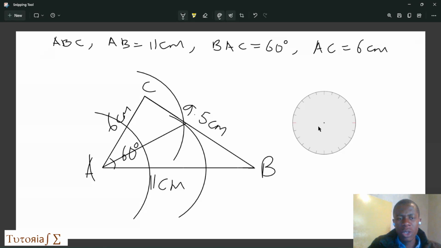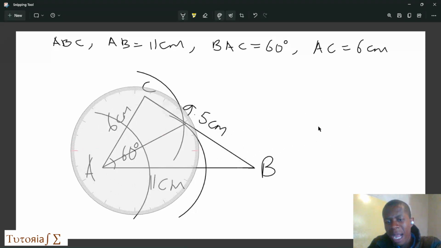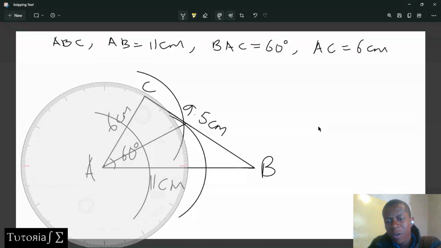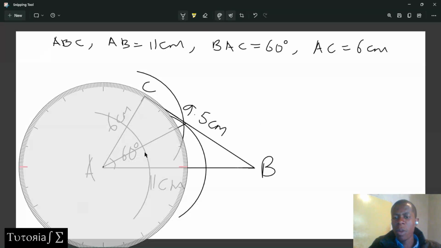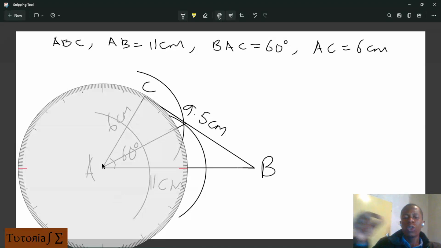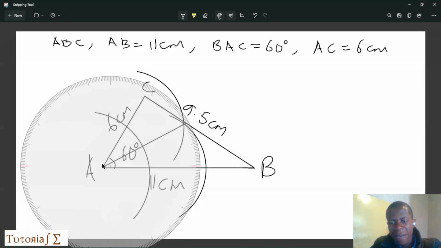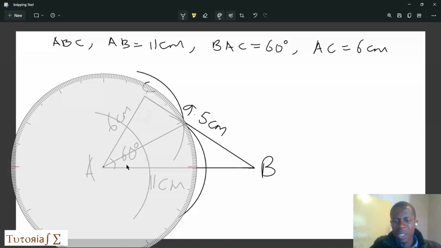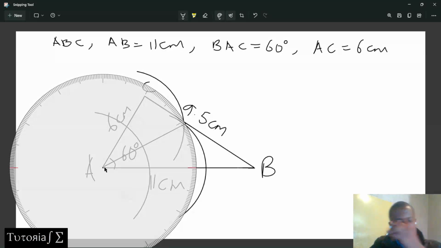So what you do is you put the pointy part of your compass, the needle part, on A. Then you are going to stretch it to a distance of more than half of AB.